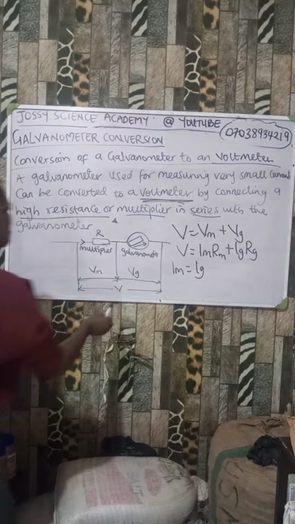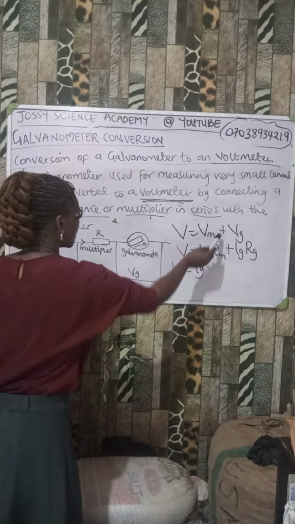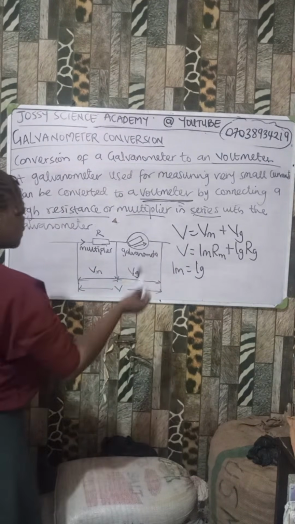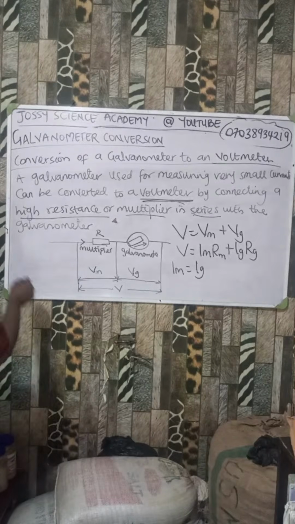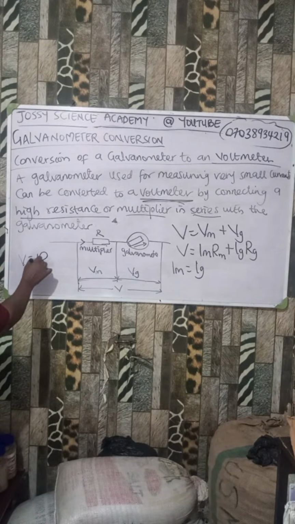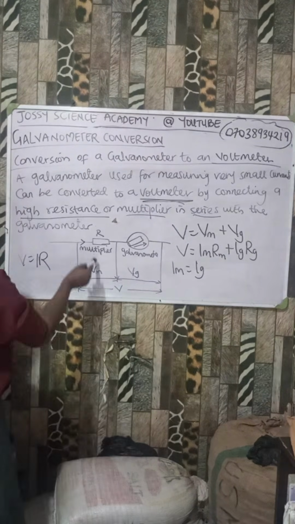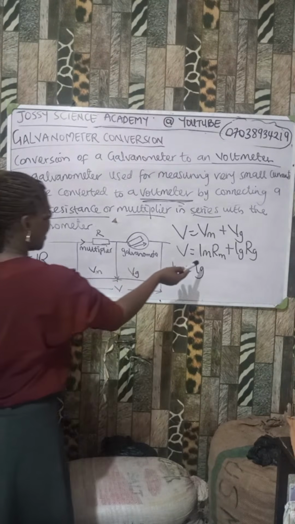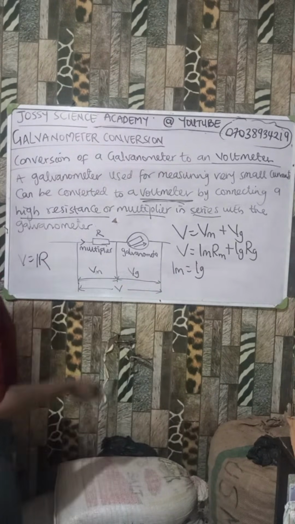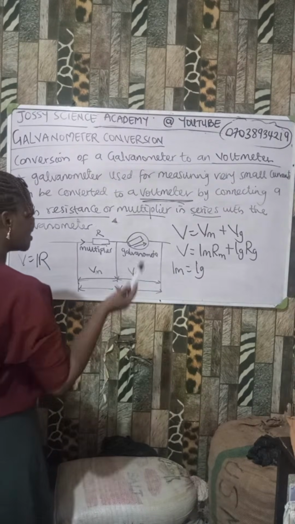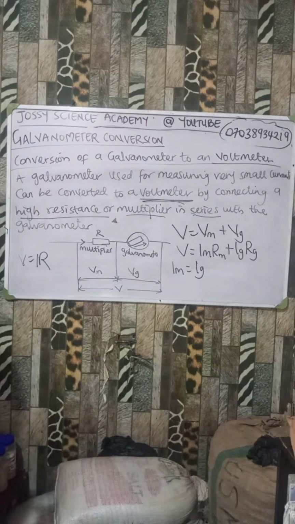So the total PD is equal to Vm plus Vg. From Ohm's law, V is equal to IR, so the PD across the multiplier is equal to ImRm, and Vg is equal to IgRg. Is that clear?